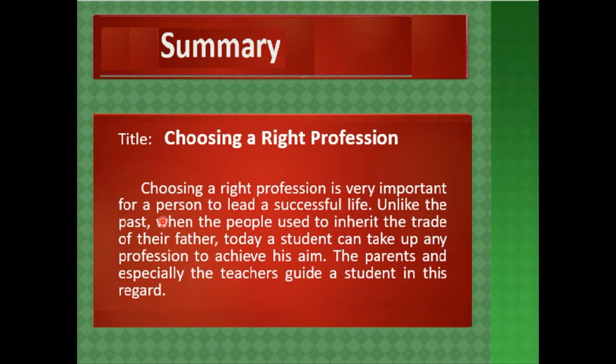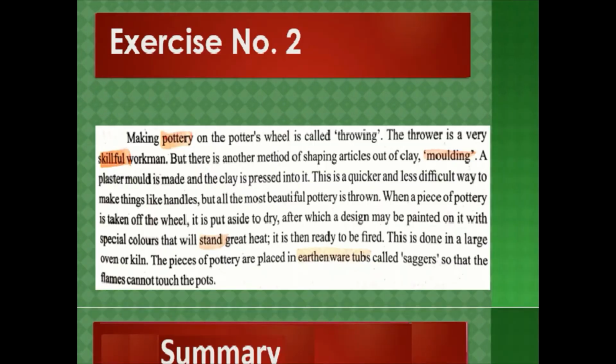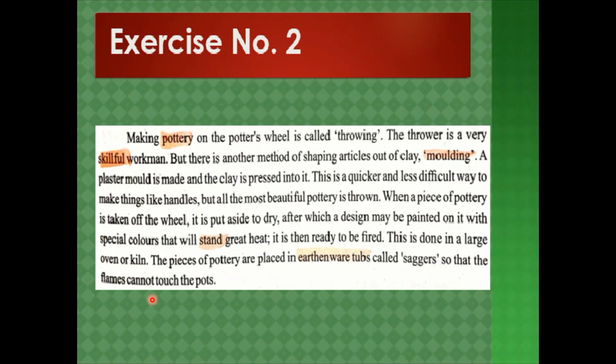Unlike the past, when the people used to inherit the trade of their father, today a student can take up any profession to achieve his aim. The parents and especially the teachers guide a student in this regard. So we have compressed the passage into one third of it, and we have written a concise and compact paragraph making it a summary. Now let's do exercise number 2.